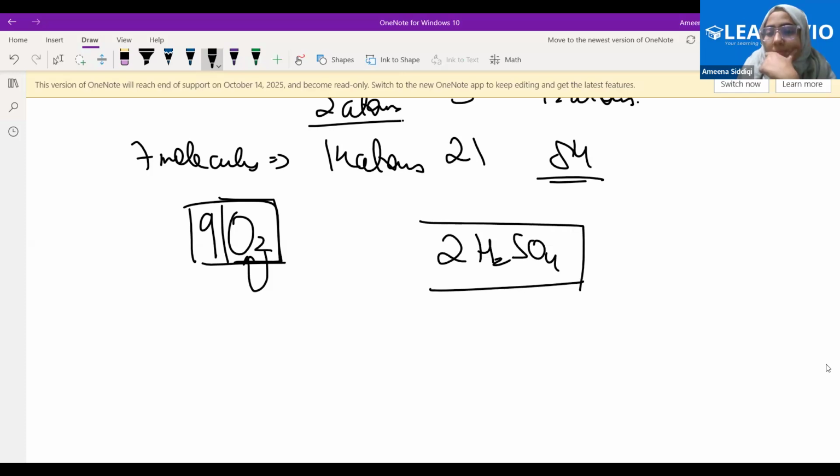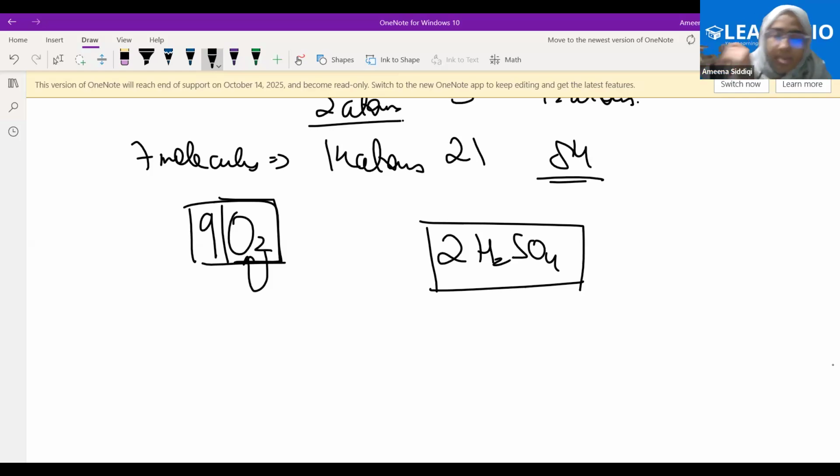Ma'am, I have a doubt. Please go ahead. Is 9 molecules of oxygen the same as O18? Is 9O2 the same as O18? Are you asking 18 as in 9 into 2?